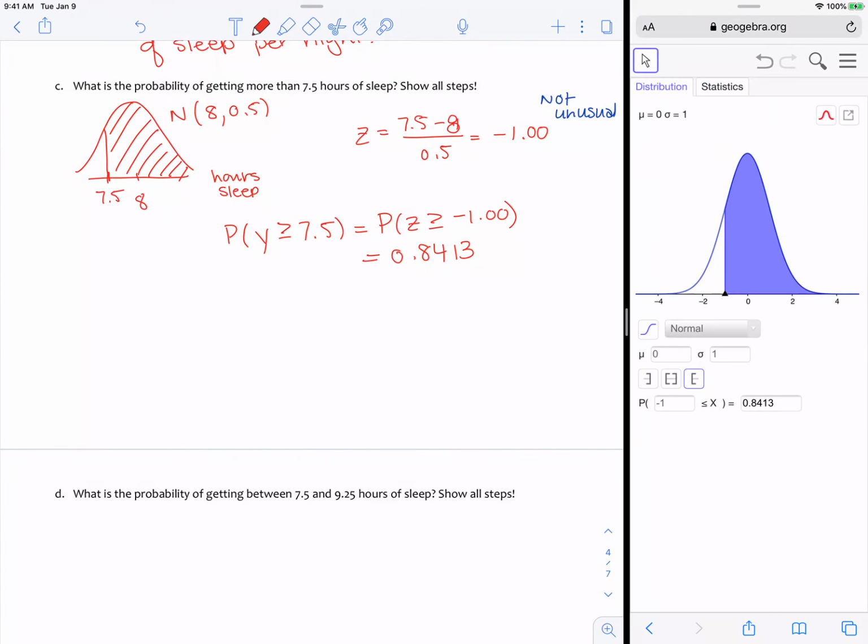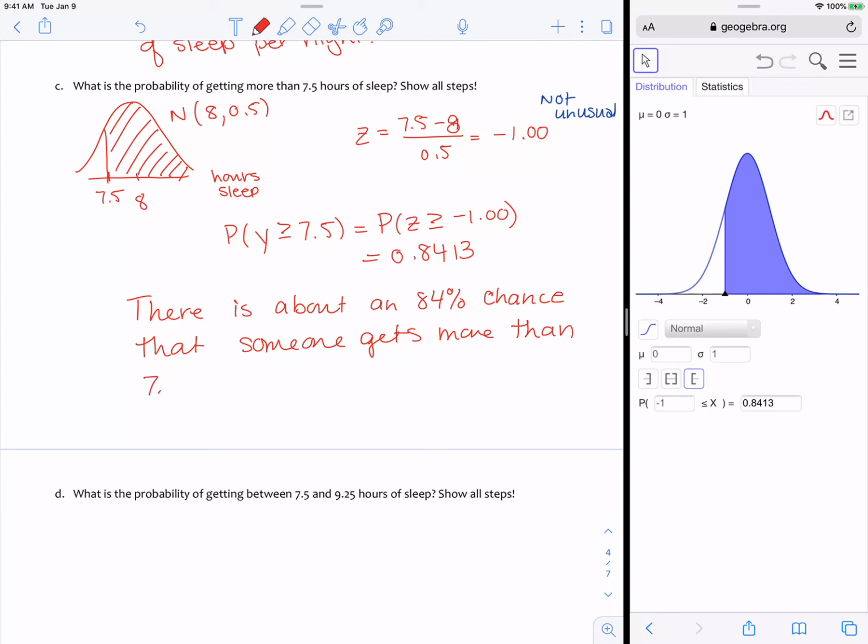So to summarize this, we'd say there is about an 84% chance that someone gets more than 7.5 hours of sleep.